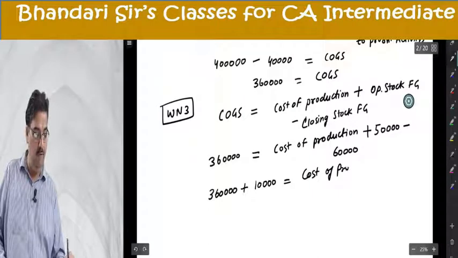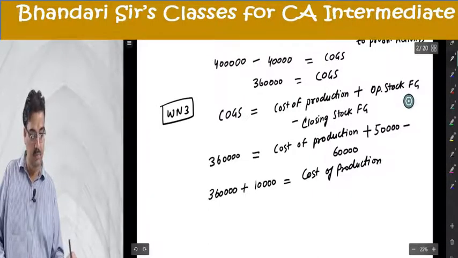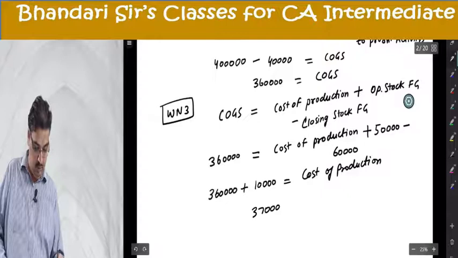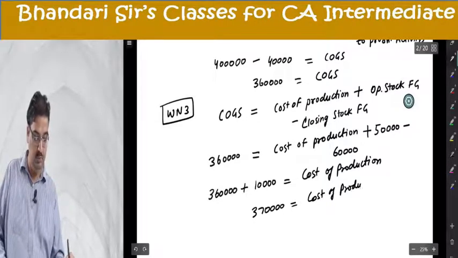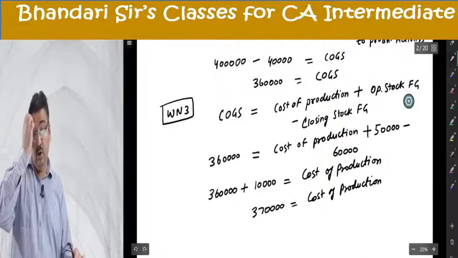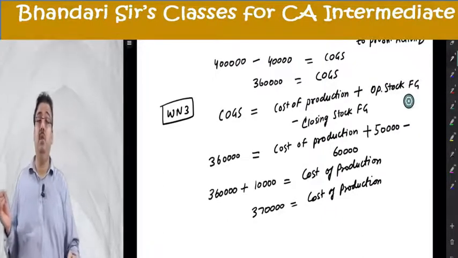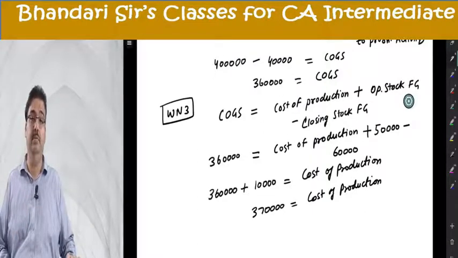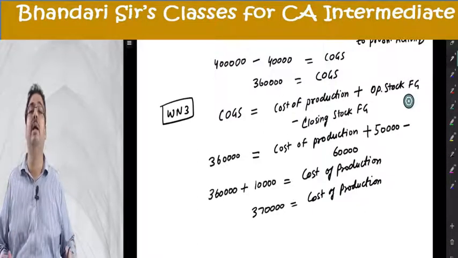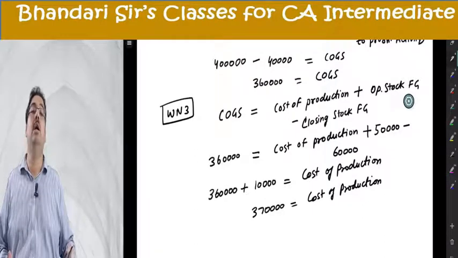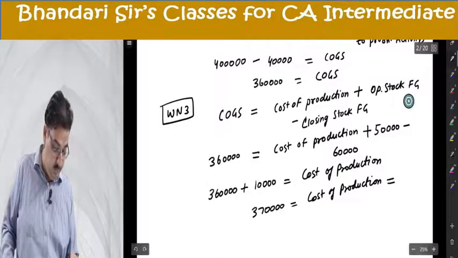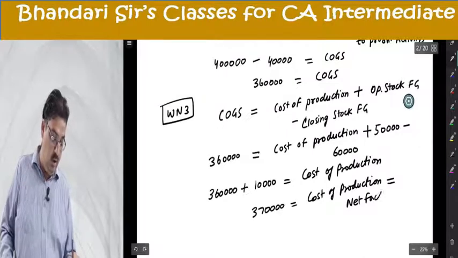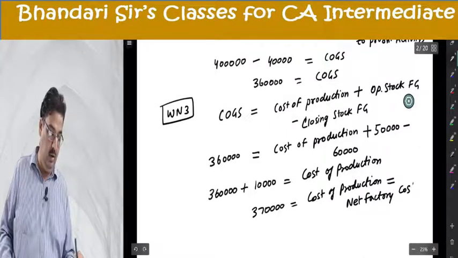Cost of production, 3,70,000 is cost of production. Now because there is no cost like research and development, quality control, administration related to production, credit for recovery, scrap, nothing is there. Hence this is also equal to net factory cost.